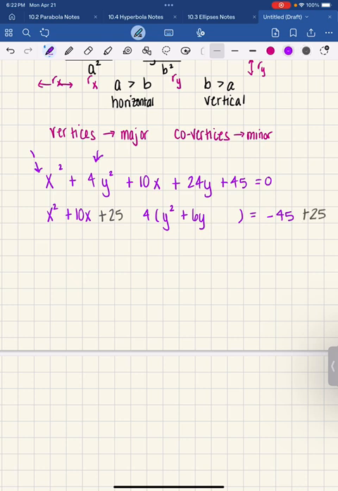I forgot the plus sign here. And I'm going to take half of 6, and I'm going to square that, and that's going to be 9. You did not add 9. We really added 36, 4 times 9.